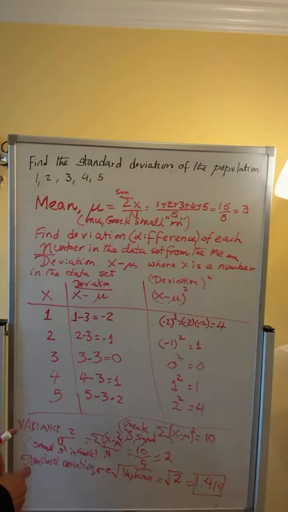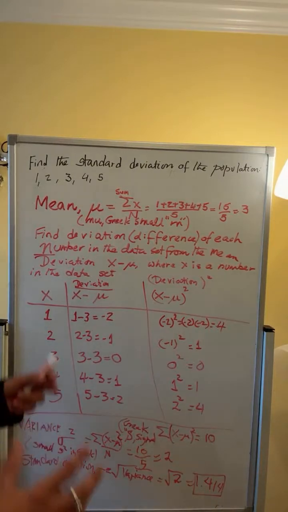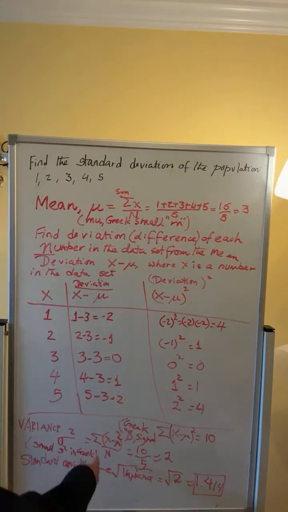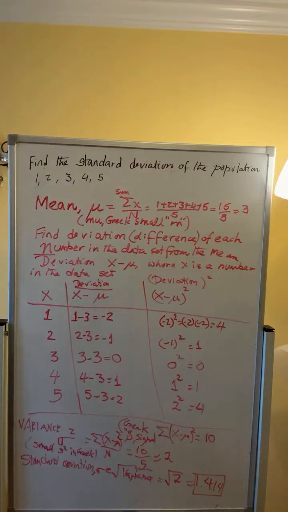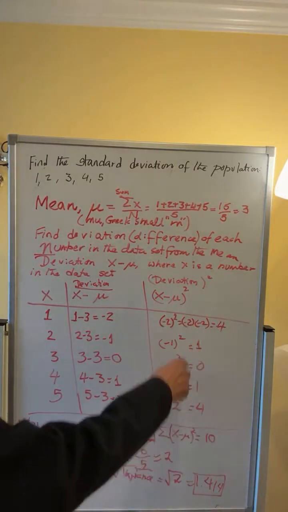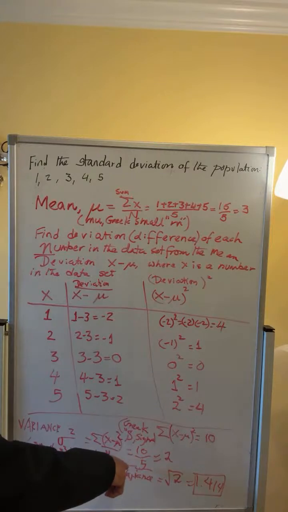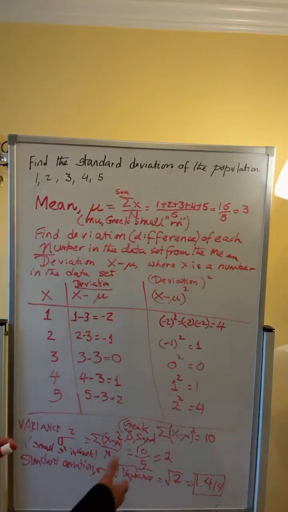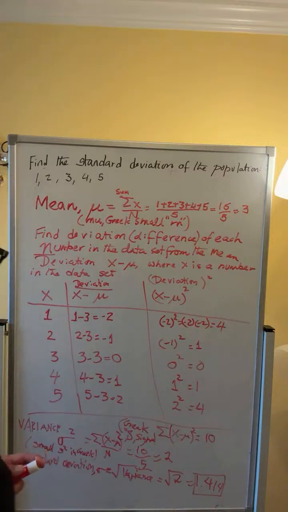Now, variance is an average of the squares of the deviations. Why is it an average, you might ask? Because we divide it by the population size. So it's 10, the sum of the squares of the deviations, divided by the population size, 5, is 2. Now, we also want to find standard deviation. Standard deviation is the square root of the variance.